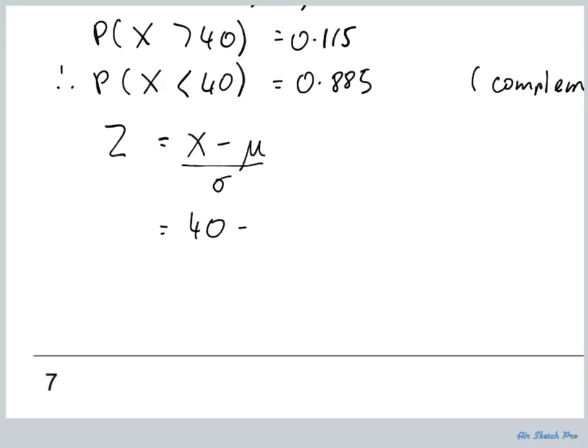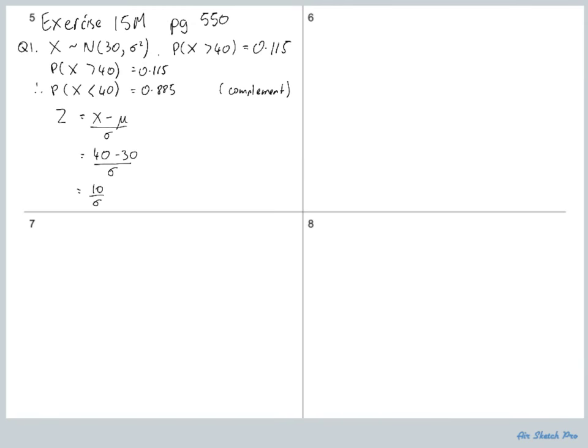The mean is 30, we're given that in the problem. And the standard deviation we don't know. So we've got 10 over sigma is equal to z. Good so far? I'm going to zoom out now and just keep writing in slide 6.